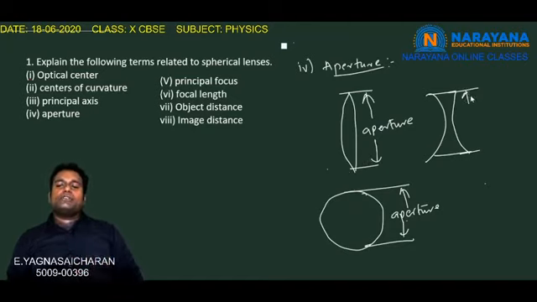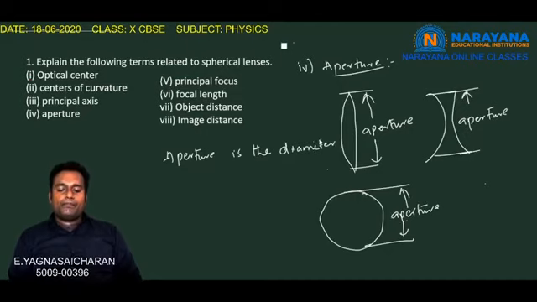So we can define the aperture as the diameter of the boundary of the lens. So this is the definition for the aperture.